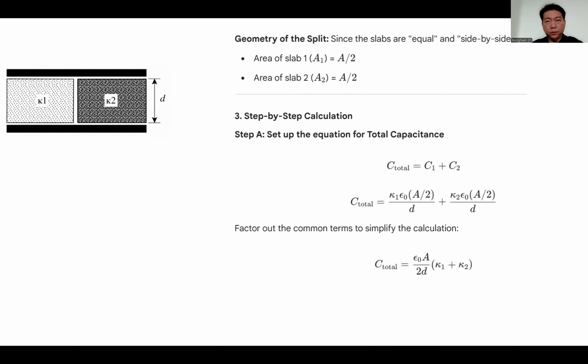And then in the case of a parallel, the total capacitance is just simple addition. It is going to be addition of these two capacitors, and then you can find out the total is given by this one.